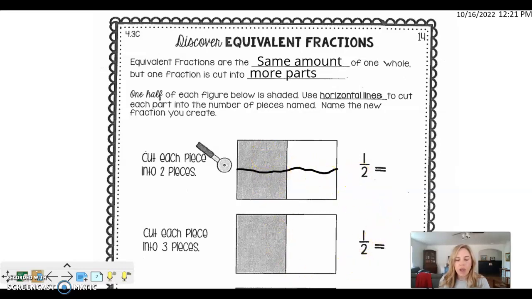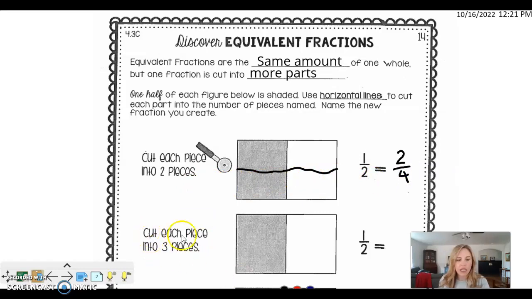Well, now what part of our whole is shaded? It isn't 1 out of 2 anymore. Now it is 2 out of 4 parts. Okay.